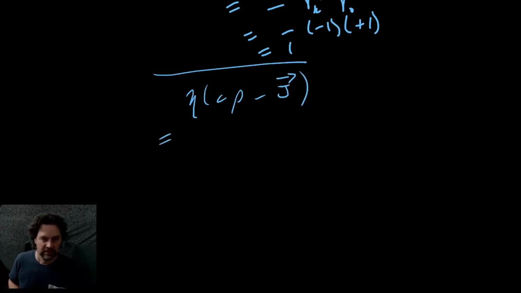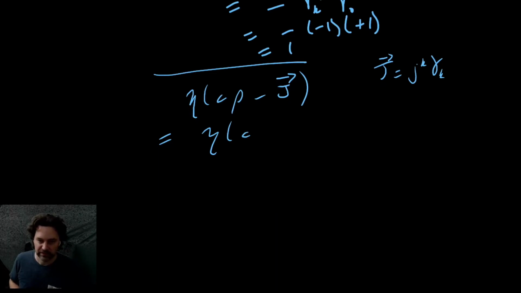Now, let me write our current density as jk gamma k. I'm using a small j here because I want to use big J for something else shortly.